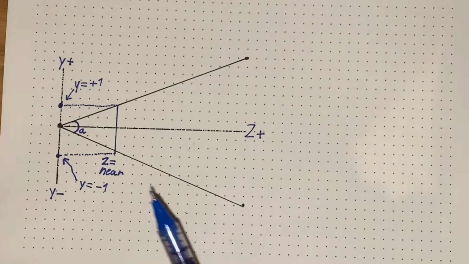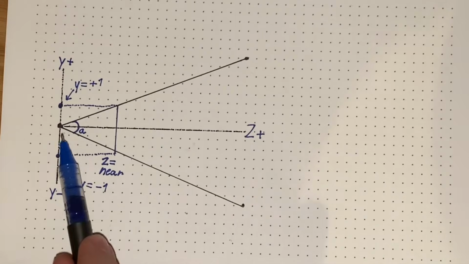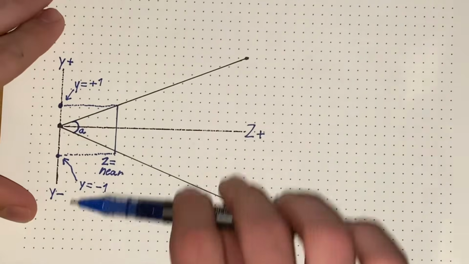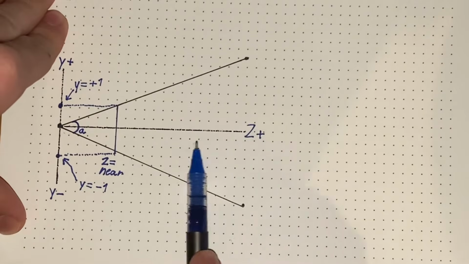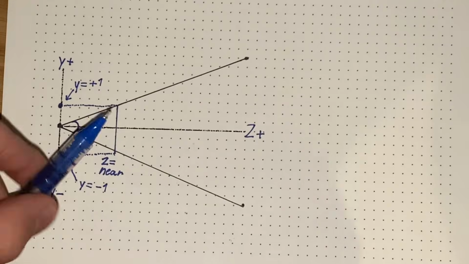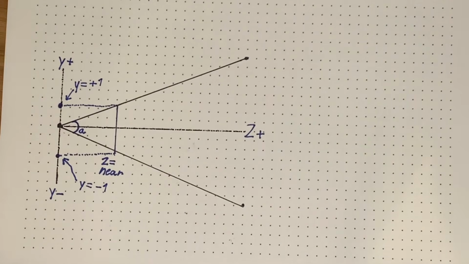So here we have the model for the perspective projection as seen from the side. So this axis, which is normally, if you draw a coordinate system like this, the x-axis, but now it's the z-axis. So as things move this way, they get further away, if that makes any sense.